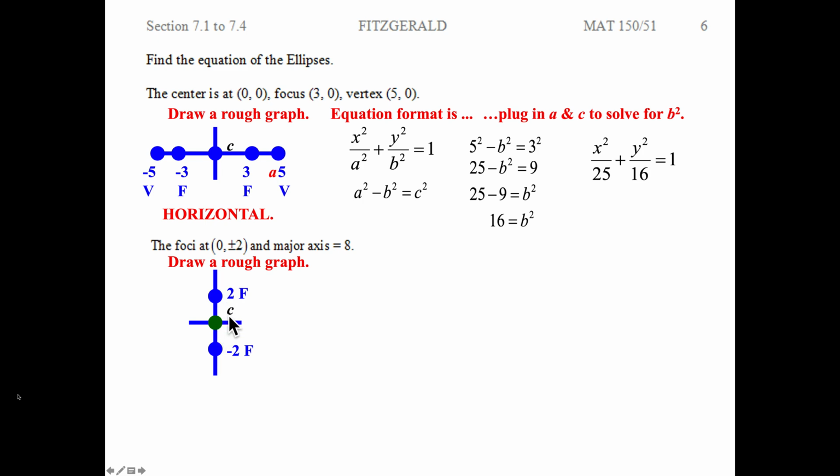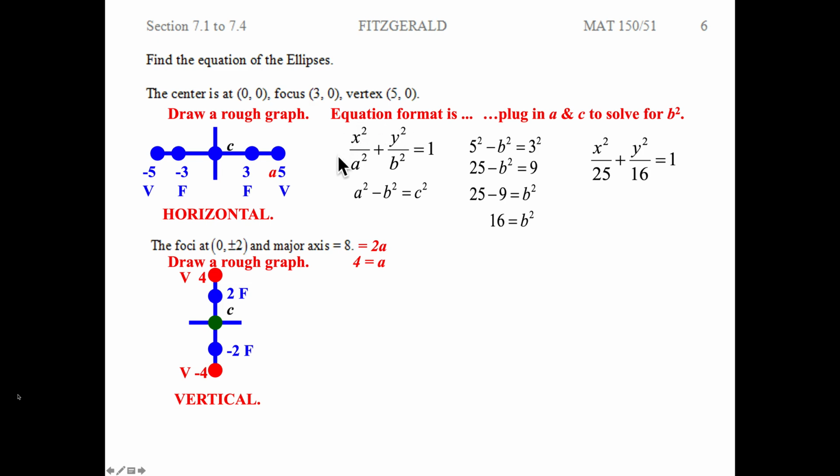So that's our C value right there. Our vertices, remember that the major axis is equal to 2a, so we solve that, divide over the 2 to get 4. So that's 4 up and 4 down, so this is giving me a vertical ellipse. I have the A, I have the C value of 2.